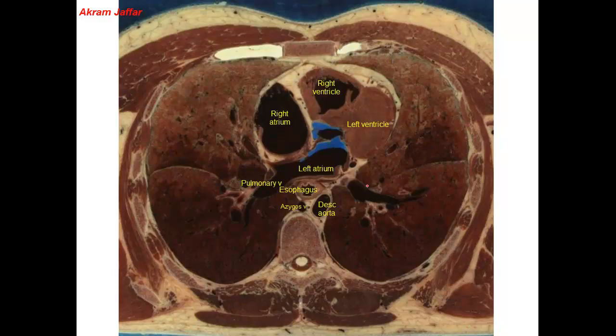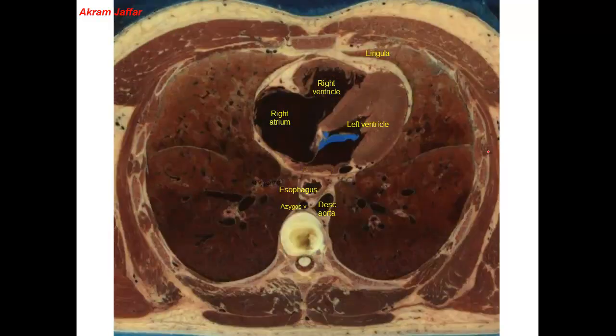In the lung fields, the oblique fissures are clear, on both the right side and the left side. On the left side, the lung is excavated by a deeper cardiac impression than on the right side, and there is a tongue-like projection of the upper lobe of the left lung, which is called the lingula.